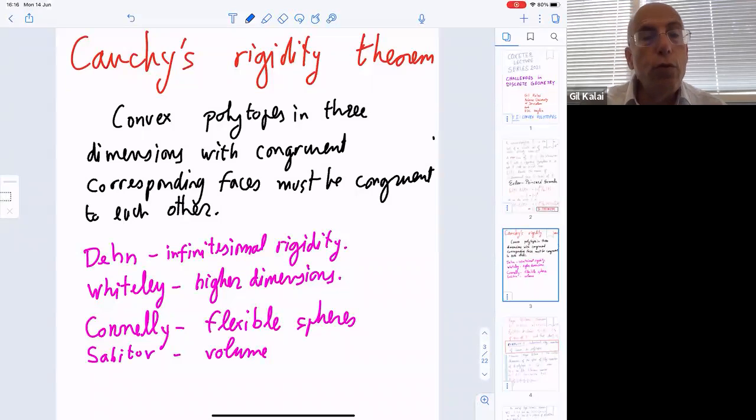In dimension 2, there is the famous theorem for triangles: if two triangles have the same corresponding edge lengths, then they are congruent. But this is no longer true for polygons with more than 3 edges. The miracle is that in 3 dimensions, Cauchy's rigidity theorem says that this is the general behavior: once you have two polytopes with congruent corresponding faces, they must be congruent.